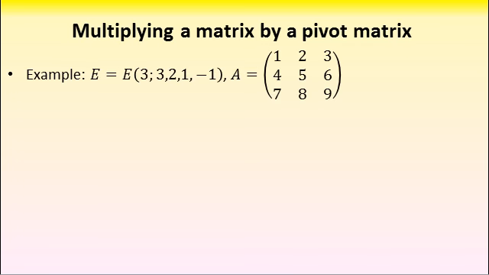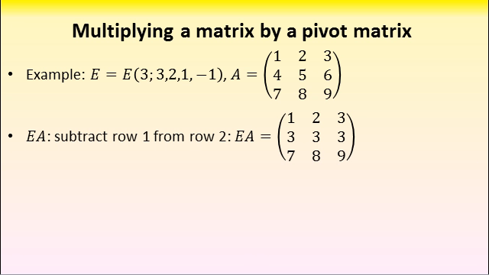So let's say that my pivot matrix is E(3; 3, 2, 1, -1). So remember, that's the 3 by 3 identity matrix where I have replaced the element in row 2, column 1 with -1. And A is this matrix. Pre-multiplying by E will then replace the second row of A, and it will be replaced by the second row of A subtracting the first row of A, like this.